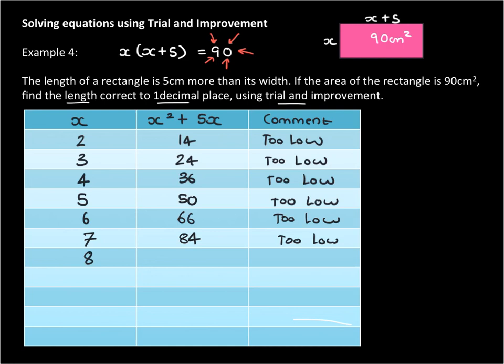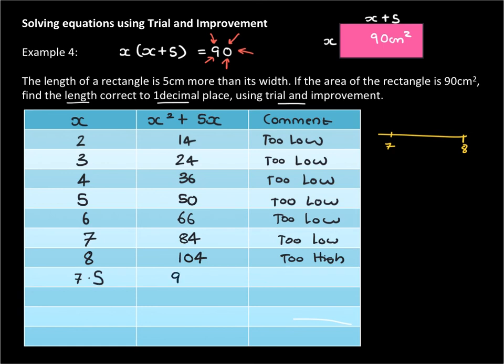So let's try 8. 104. So that's too high. So I now know that my result must lie somewhere in between 7, which is a bit too low, and 8, which is a little bit too high. So I'm going to try 7.5 next, because we're trying to get our answer down to 1 decimal place.